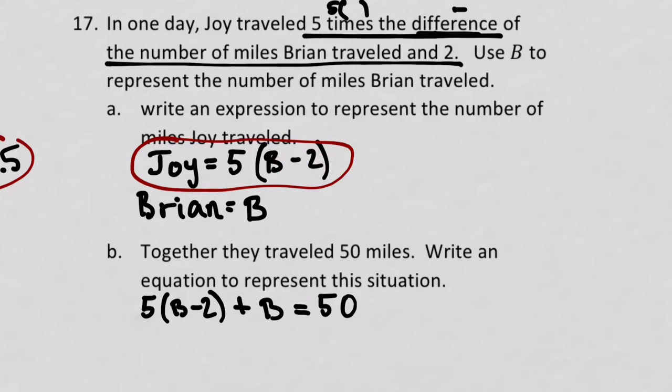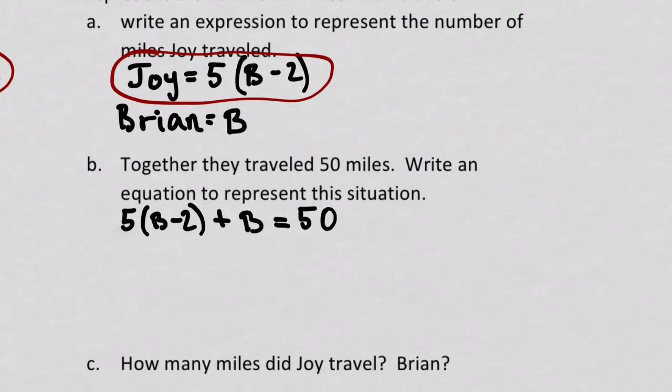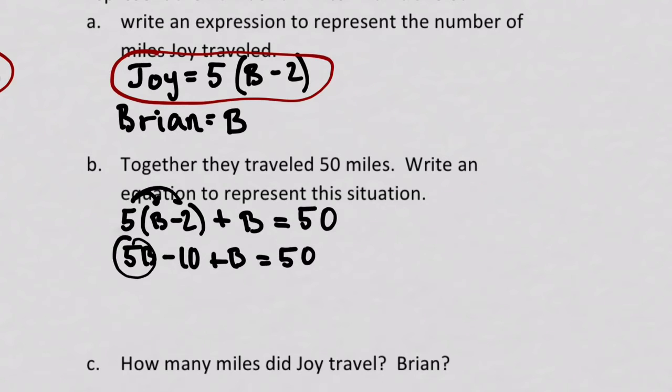Now to solve this one is going to be a little bit more work. We need to actually distribute and then combine like terms. So let's distribute the 5. That's going to be 5b minus 10 plus b equals 50. Now I need to combine the 5b and the plus b to make 6b minus 10 equals 50.